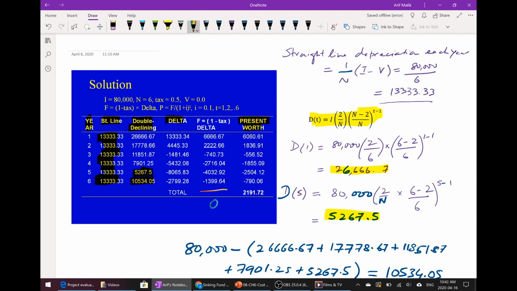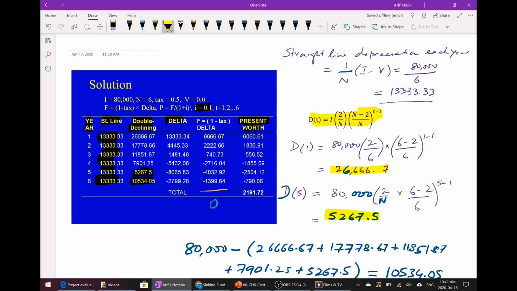But if we take into account the time value of money, which is the present worth, using the interest rate mentioned here of 10%, then we find out the present worth using the present worth formula. These are the values coming here.